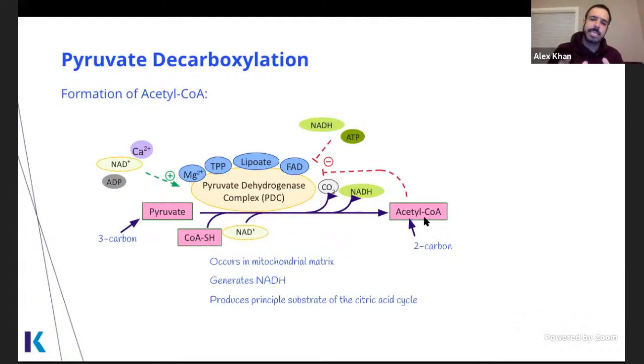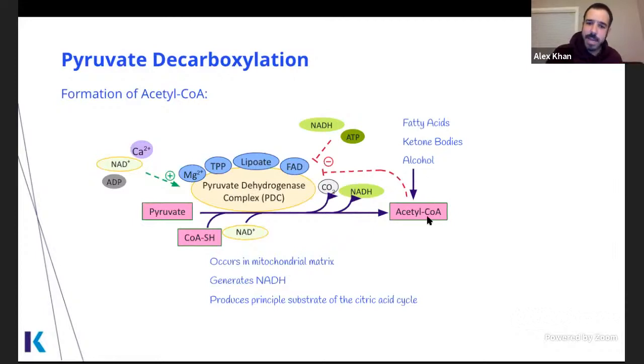And the reason is that acetyl-CoA here can actually come from different sources. It can come most commonly from fatty acid oxidation. So say in the liver, you are breaking down fatty acids and you're creating a buildup of acetyl-CoA. It stands to reason that you would stop the other process that makes acetyl-CoA.